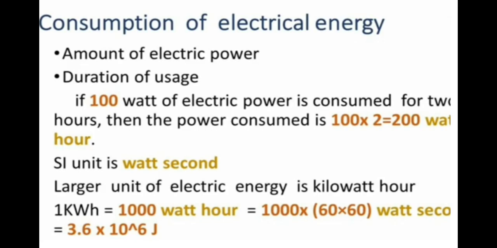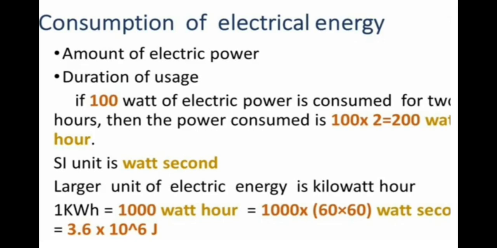Its SI unit is watt second. In practice, a larger unit of electrical energy is needed. This larger unit is kilowatt hour, otherwise known as 1 unit of electrical energy. 1 kilowatt hour means that electric power of 1000 watt is being utilized for an hour.